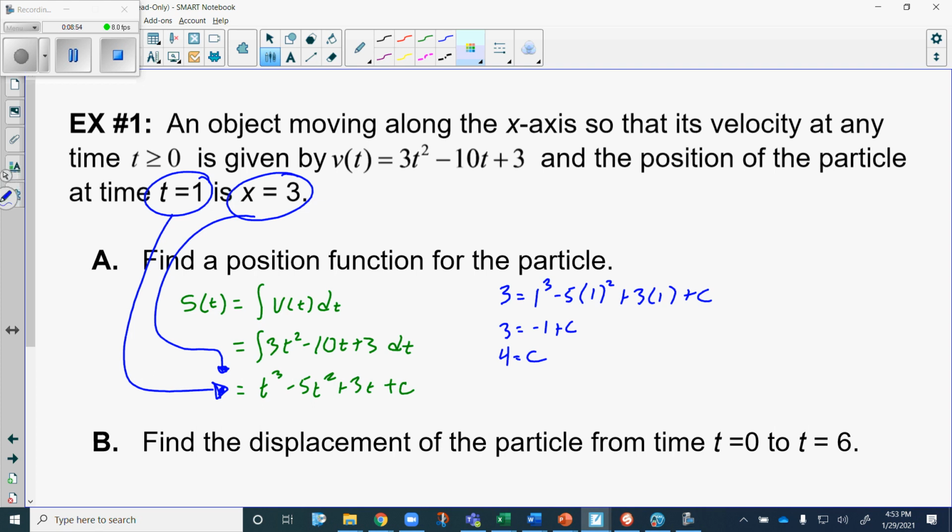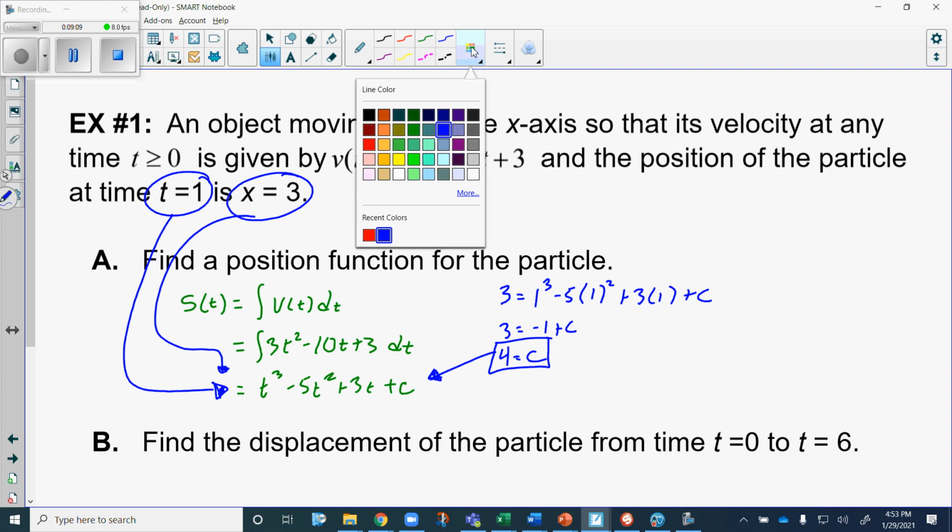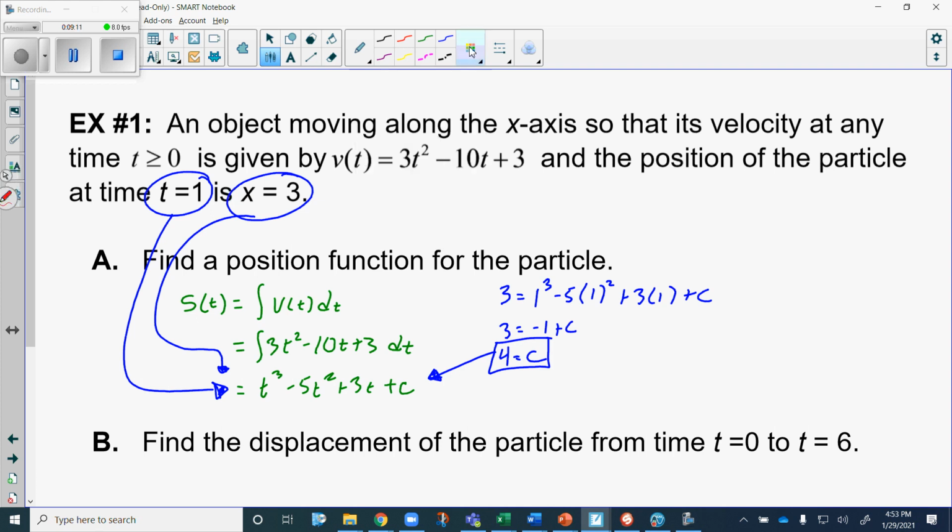So find the position function. The final function that we're looking for is, I'm going to take this c value and stick it into the c that I have here. And the final expression that I would look at for my answer for this problem would be s of t equals t cubed minus 5t squared plus 3t plus 4.